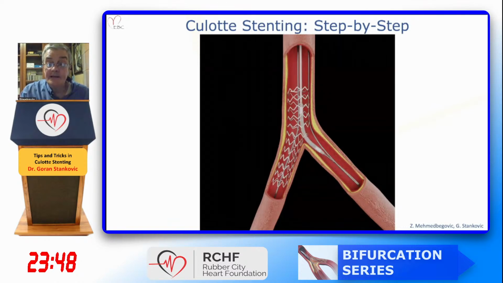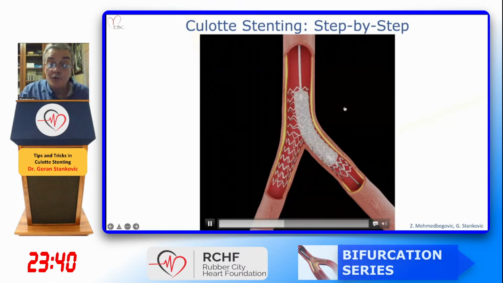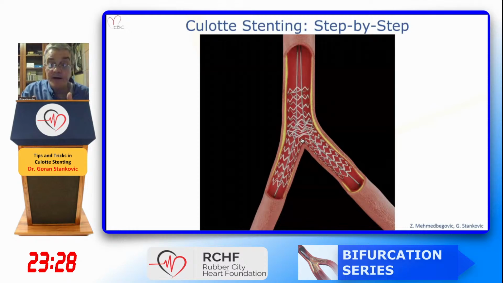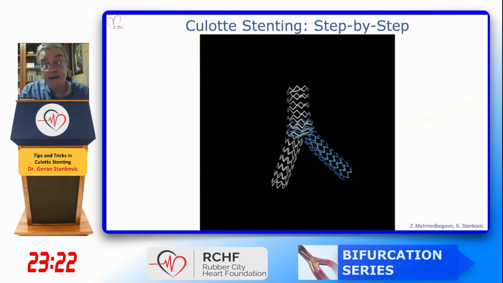After recrossing distally, we open struts, and then we can do kissing, which becomes DK culotte, or we just stent with minimal protrusion, long enough that POT will oppose and touch the opposite wall. Then we do a second POT, again cross distally, high pressure sequential inflation, then simultaneous kissing, and the third final POT. So this is the result.